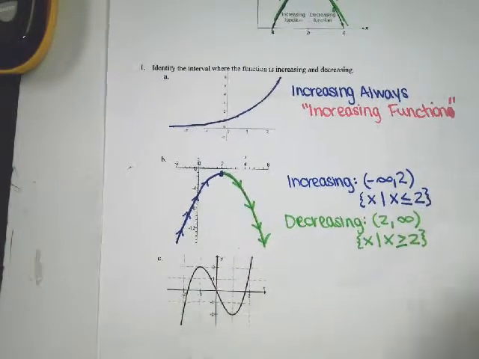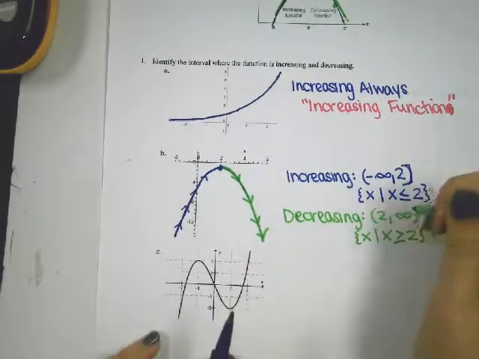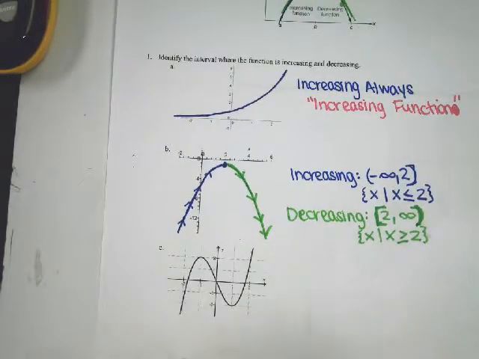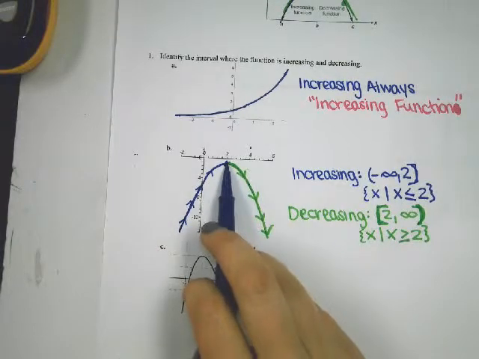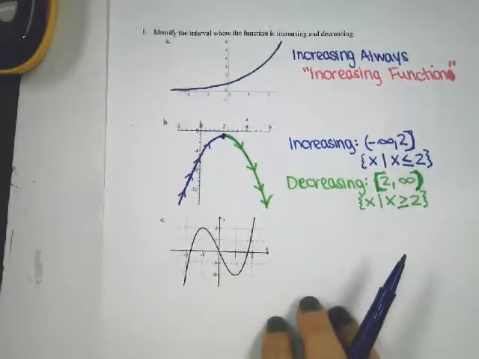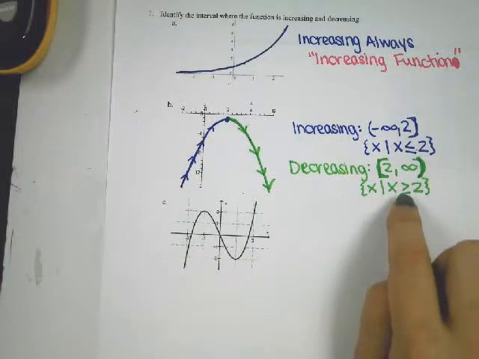It doesn't matter. If you want to put a bracket, go for it. Include it or don't include it, because at this point we really don't know what's happening. It might be increasing, it might be decreasing, so include it or don't include it, doesn't matter. Traditionally, you'll see that I won't include it.